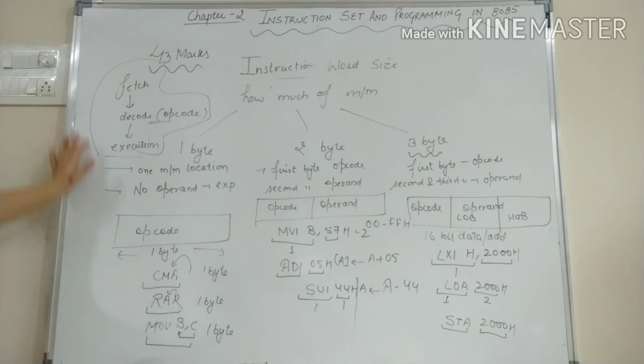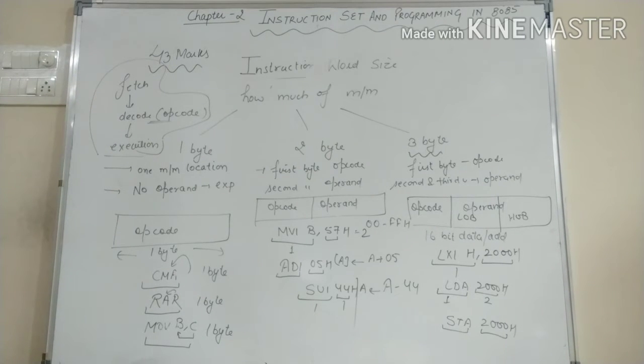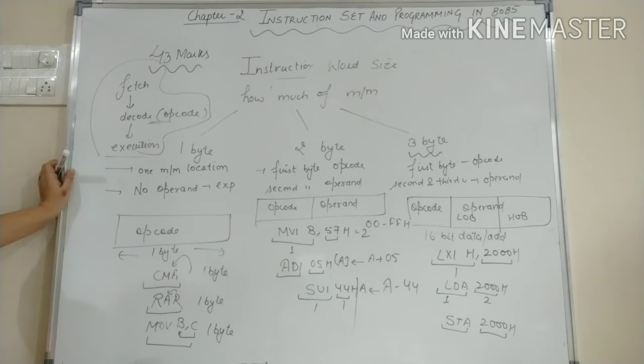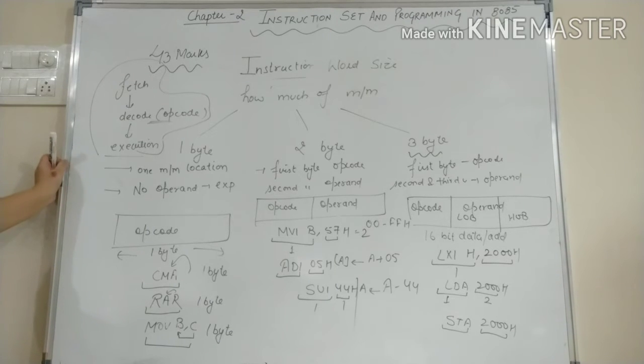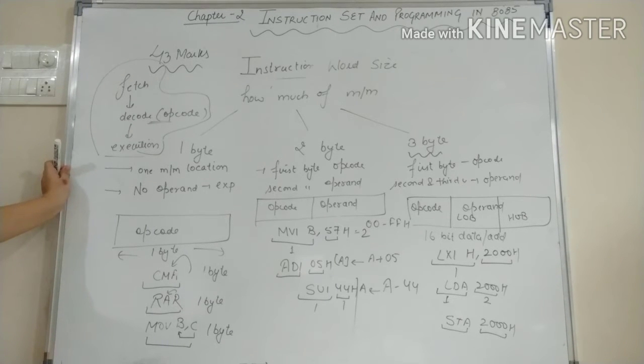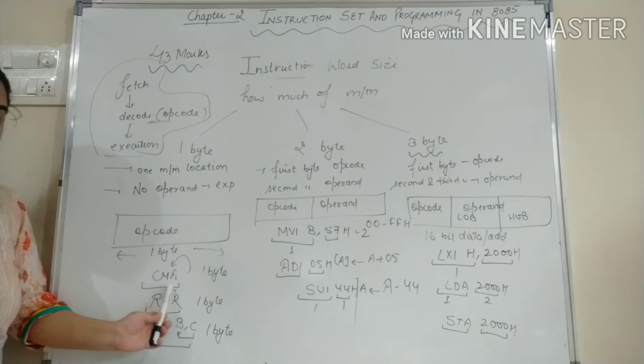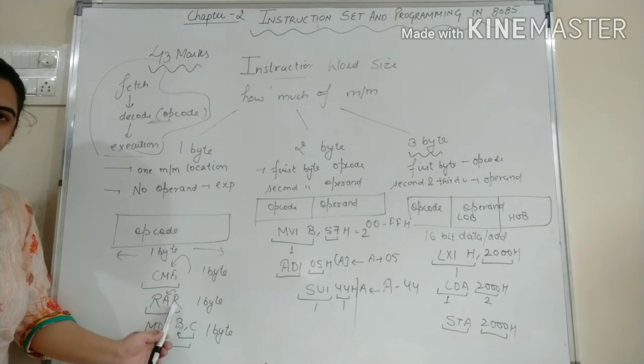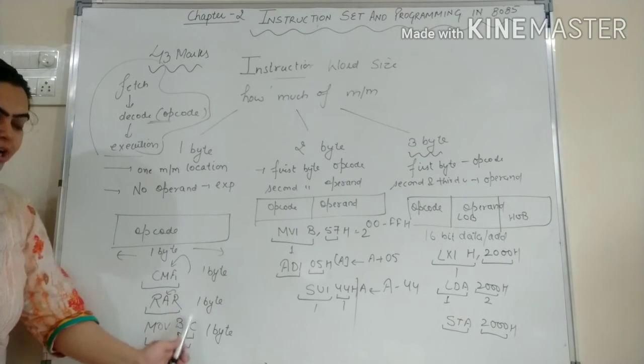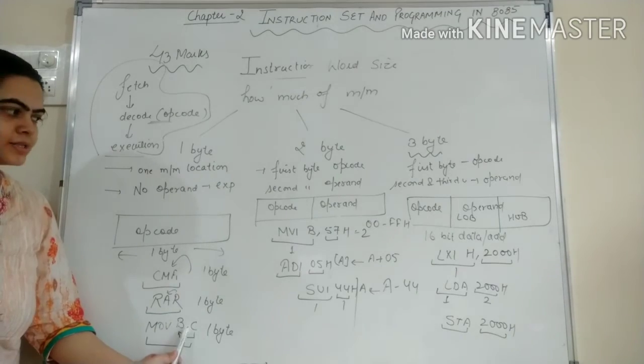Now students, it will not include the data, because there are infinite numbers that we can add, move or subtract in any of the registers and the accumulator. Likewise, here we can consider it as a 1-byte instruction, again a 1-byte instruction.